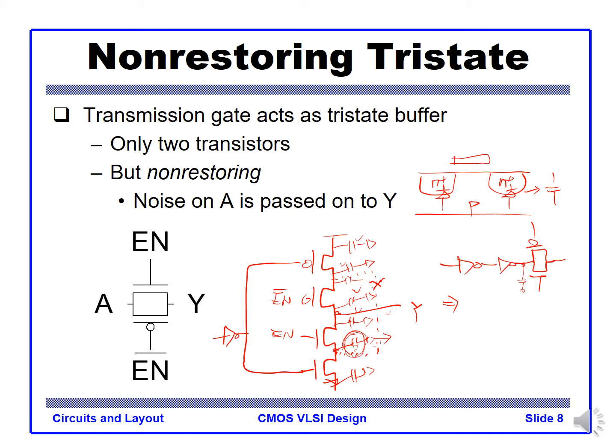Another thing that we have to know is that the transmission gate is non-restoring, meaning any noise on the signal, whether near VDD or ground, will pass to the output, right?